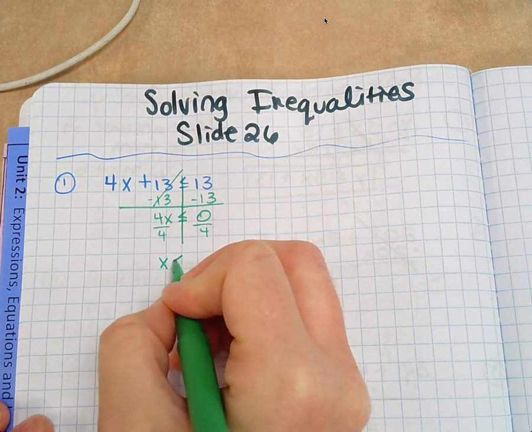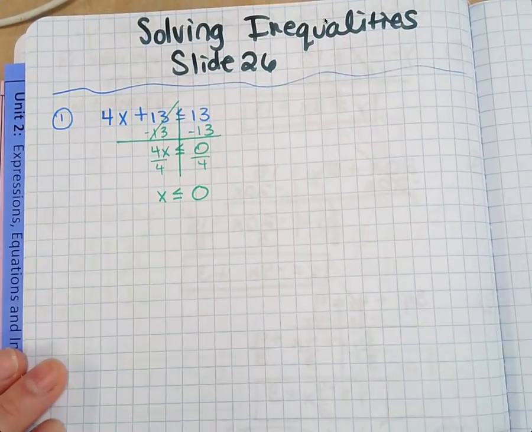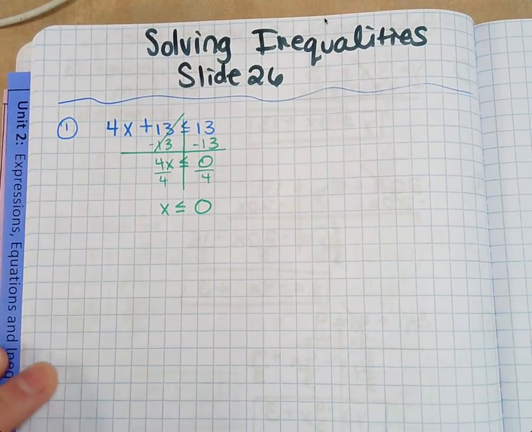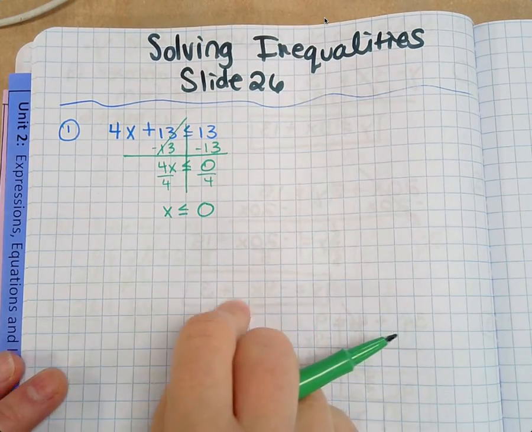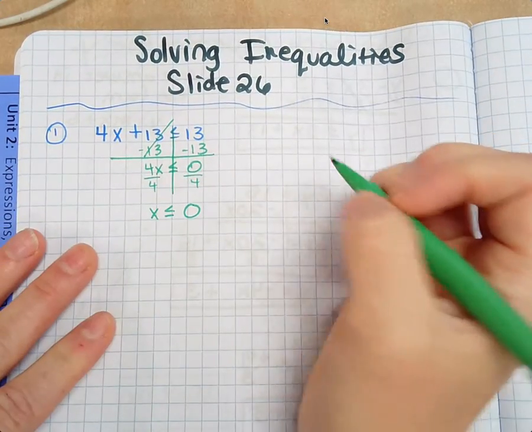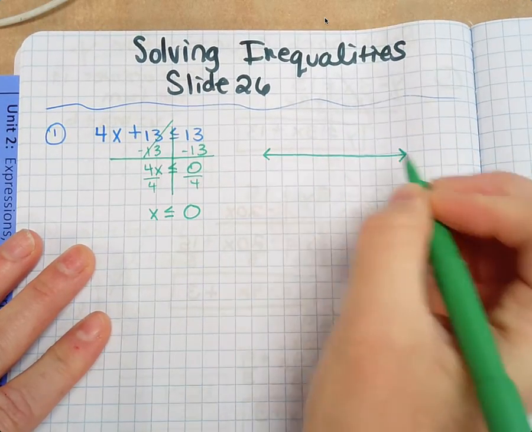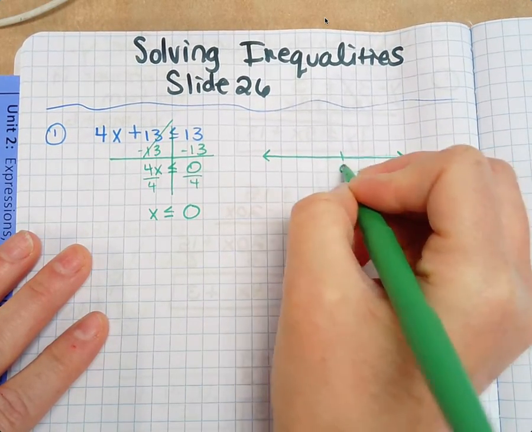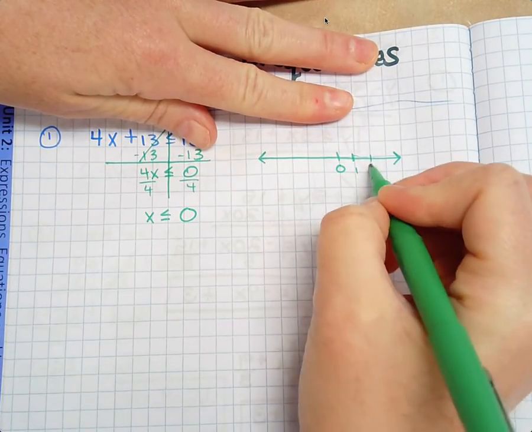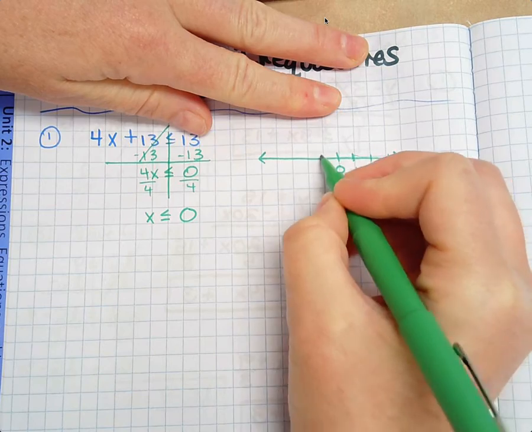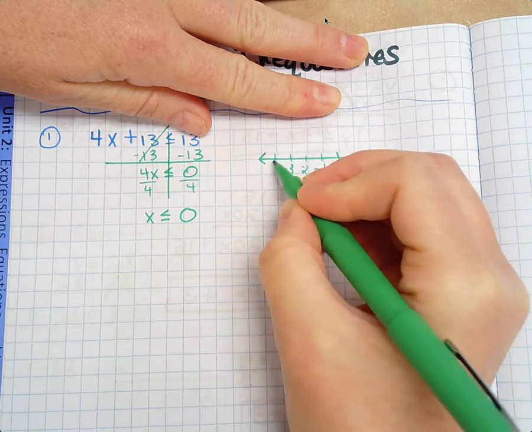So x is less than or equal to 0. So I'm going to draw my number line. I can put 0 in the middle. 1, 2, 3, and then go down -1, -2, -3, -4.